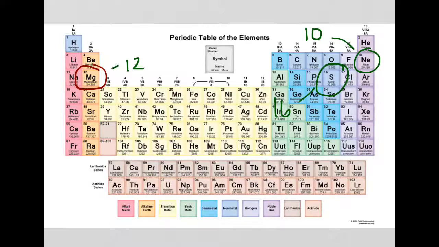What does that mean? Again, you just subtract the noble gas core, 10, from 16, and that gives you 6. So sulfur has 6 valence electrons. That's different from magnesium, which has 2 valence electrons. Don't forget that piece.